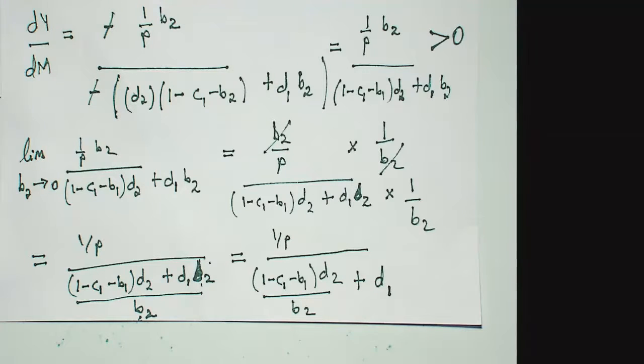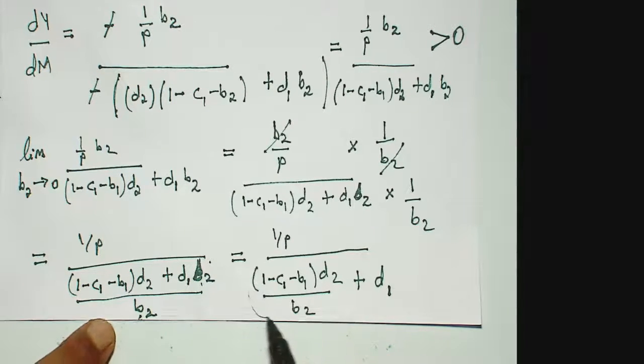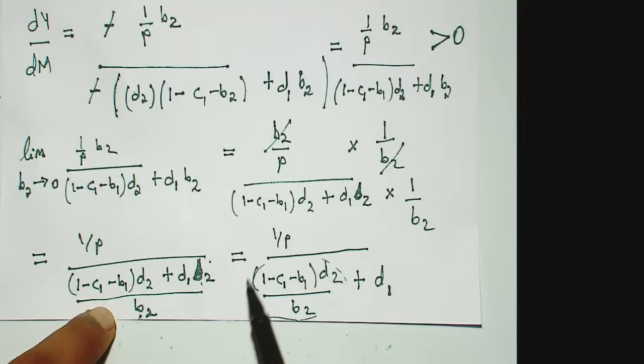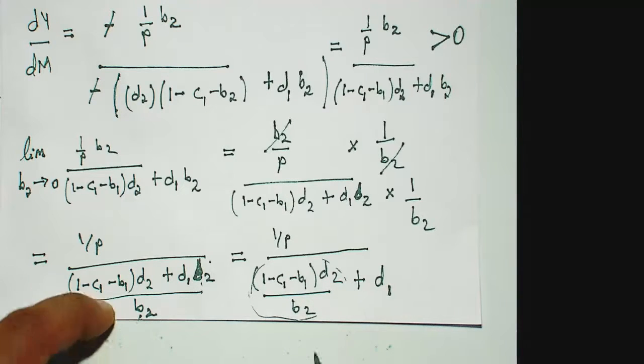So if b2 is converging to 0 in our case, what we are saying is this entire term is converging to 0, and therefore the denominator converges to infinity. So this denominator has this term here, and this term is converging to infinity because our b2 is converging to 0.